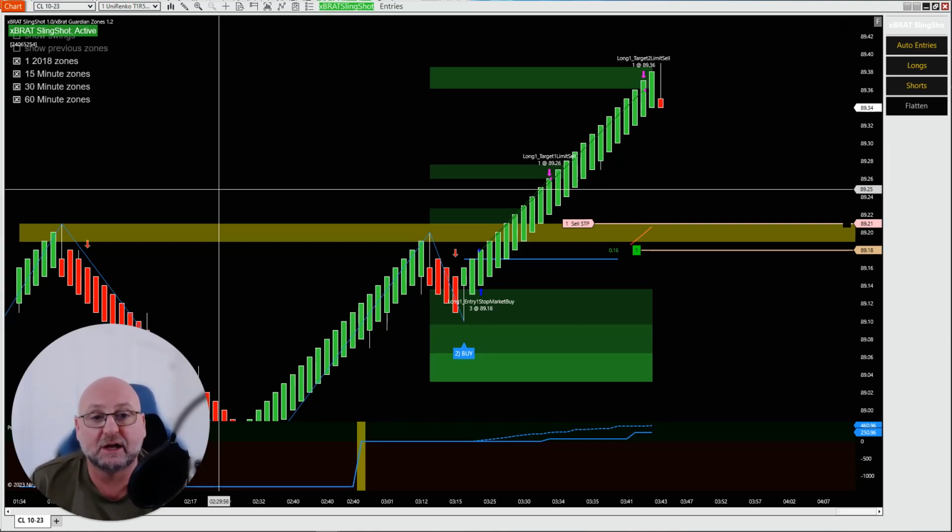If it pulls back and takes out a trailing stop, that's fine. If it has a pullback and then goes again, it turns into a pretty good trade. Maybe it pulls back enough to form another pullback zone, and we start to add some more contracts, and this becomes a continuous trade throughout a period of time.